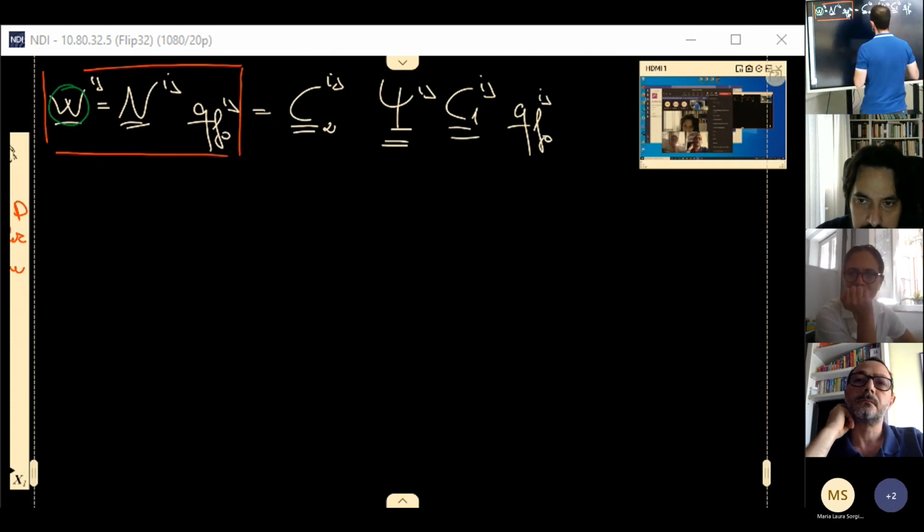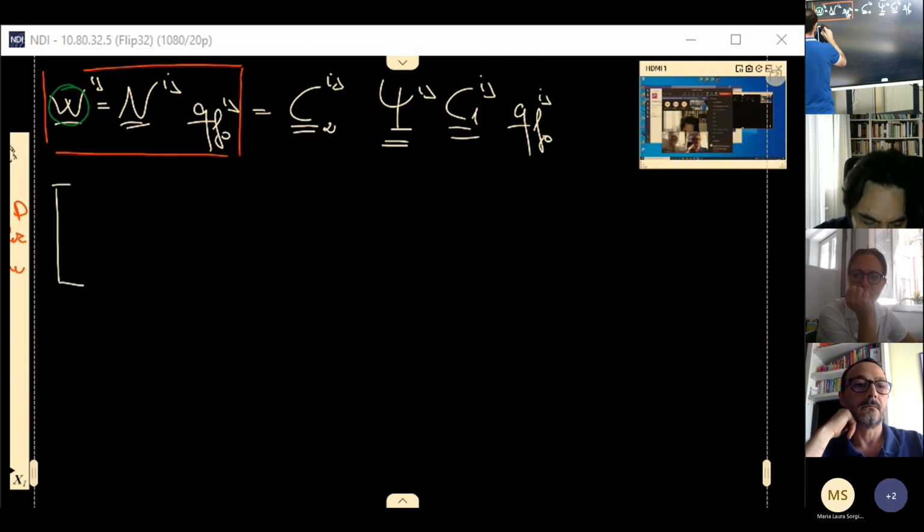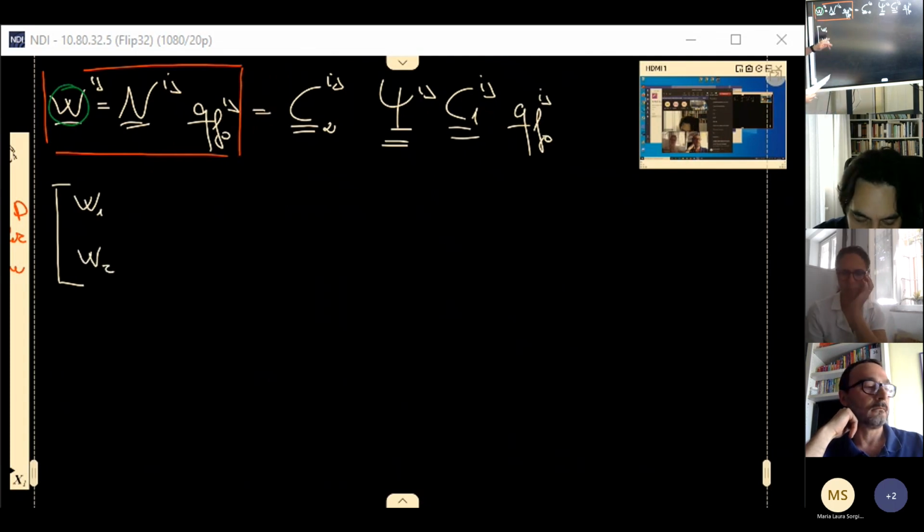Now, if this is true, what we need again is not directly the displacement, but its derivatives. So we can eventually disentangle the two components, 1 and 2. Again, they are only 2 because we are in the 2D case.